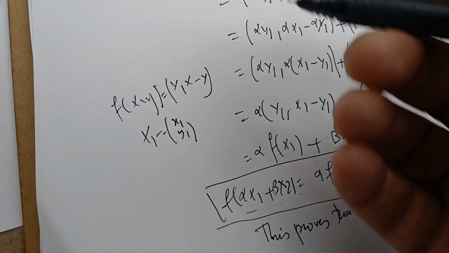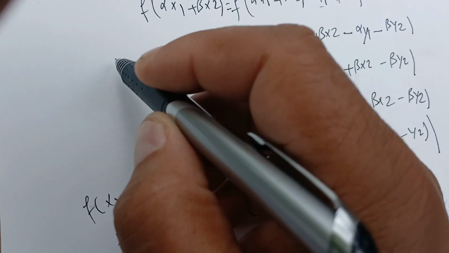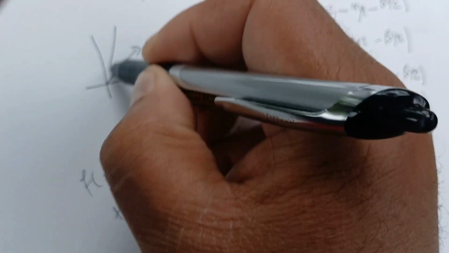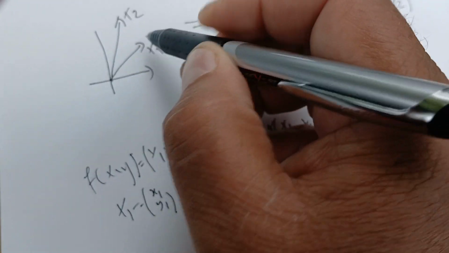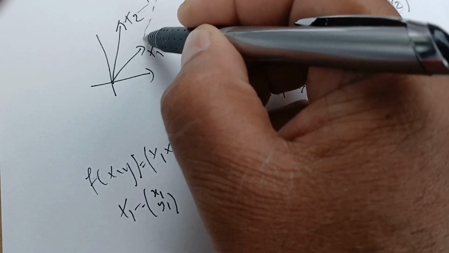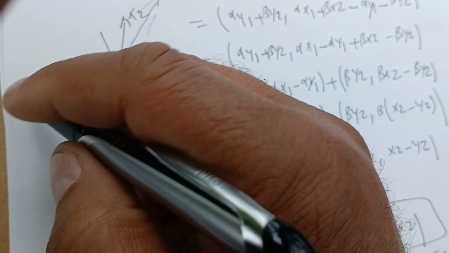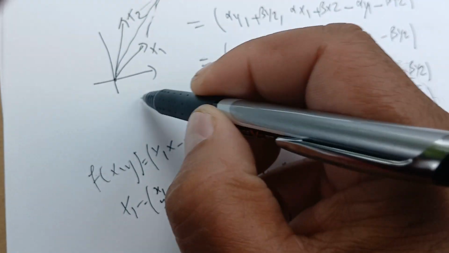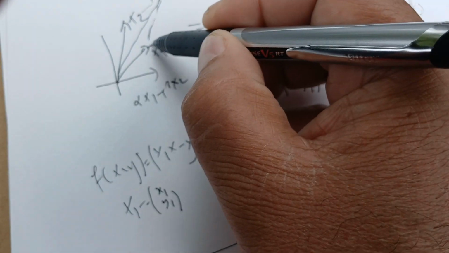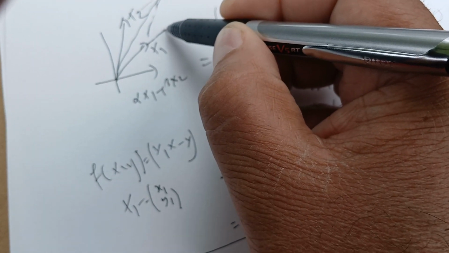One more thing: given our first vector x1 and our second vector x2, when I do αx1 + βx2, let's assume that α and β are bigger than 1.